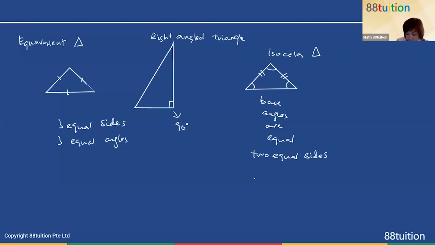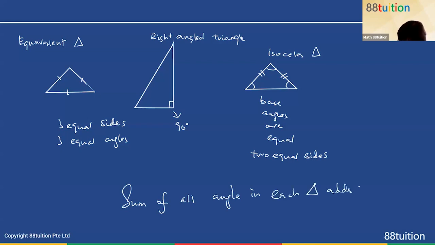And all these angles add together to be 180 degrees. Conclusion: the sum of all angles in each triangle adds up to be 180 degrees.